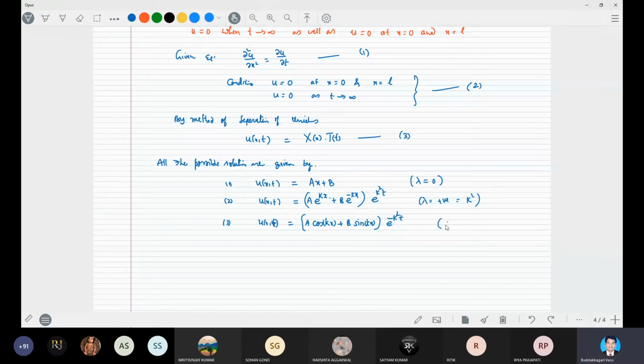This is achieved for lambda equal to a negative constant, that is, minus k square, right? These are the three possible solutions.